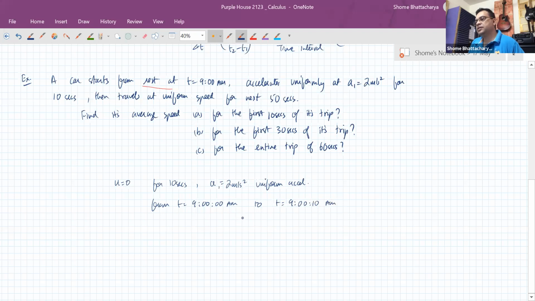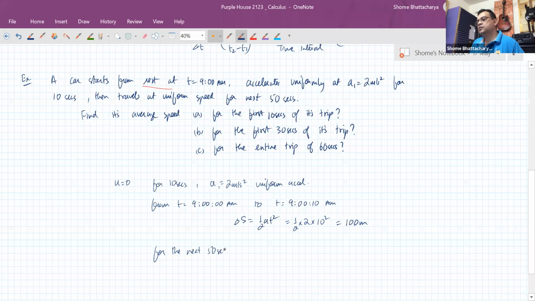The distance traveled, we can use this formula half at square. So it is half into 2 into 10 square. So it is a distance of 100 meters. So that's the first part.